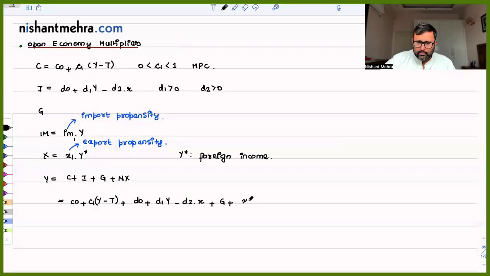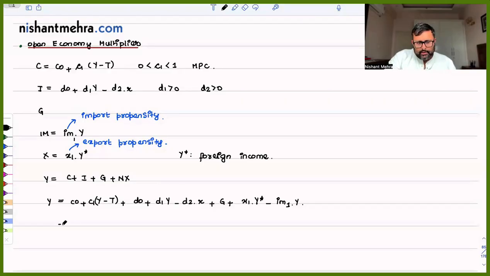What are exports? What are imports? Like this, right? And foreign income is given to us. That is not something which we can influence. So Y star is also given to us.